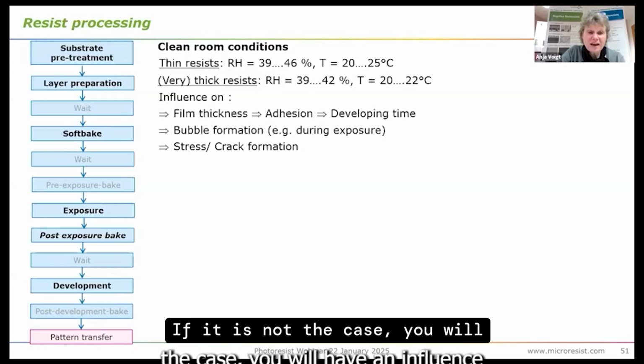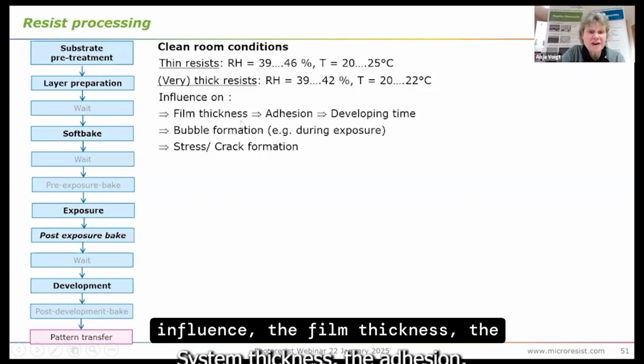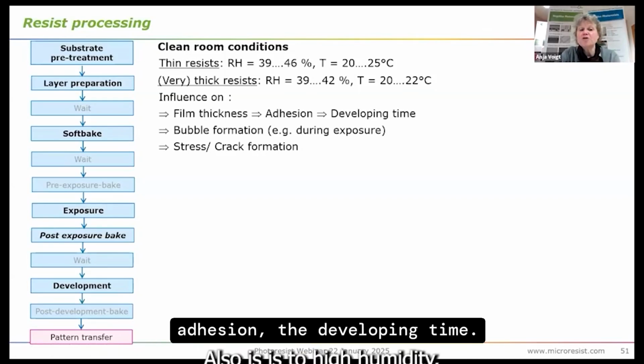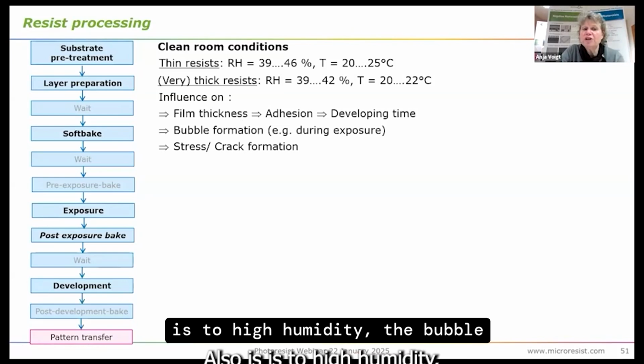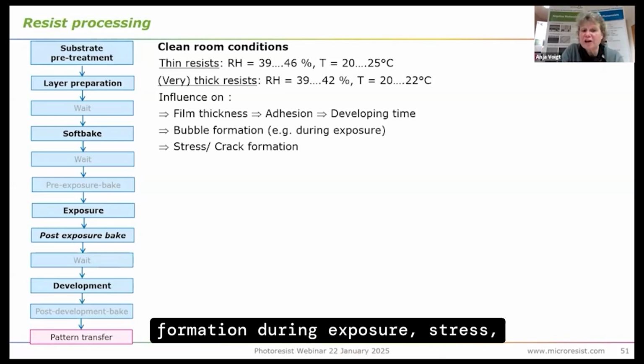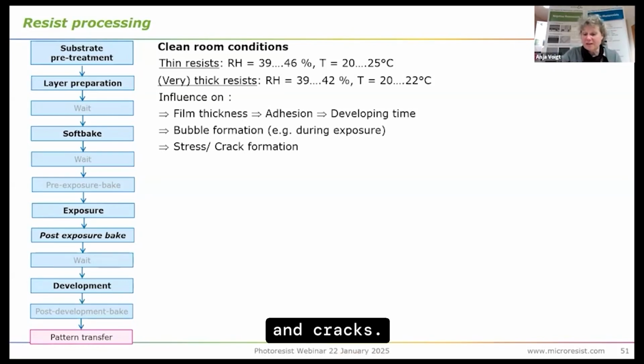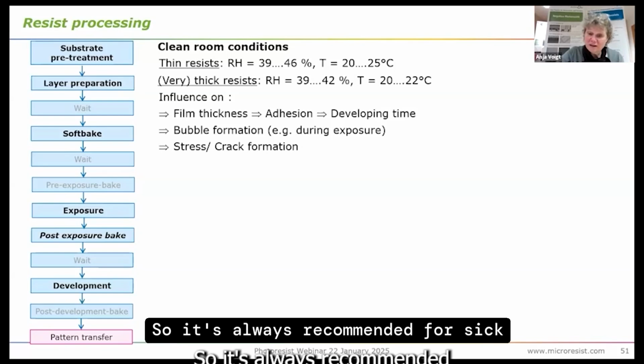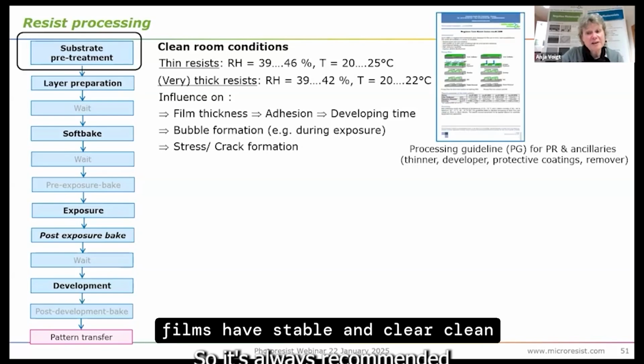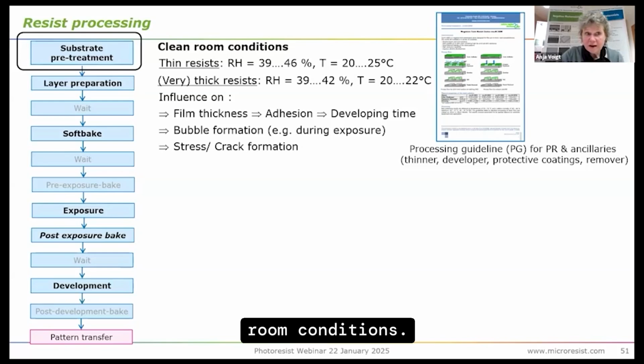If not, it influences the film thickness, the adhesion, the developing time. Also, with higher humidity, there is bubble formation during exposure, stress and cracks. So it's always recommended for thick films to have stable and clean clean room conditions.